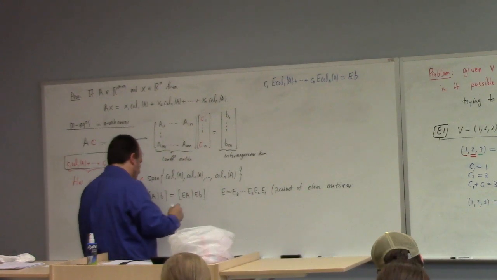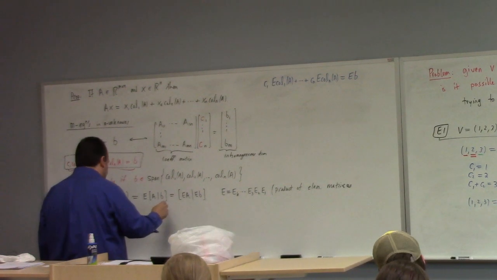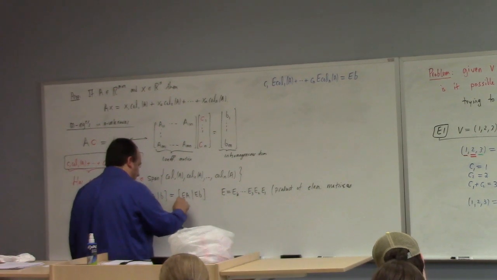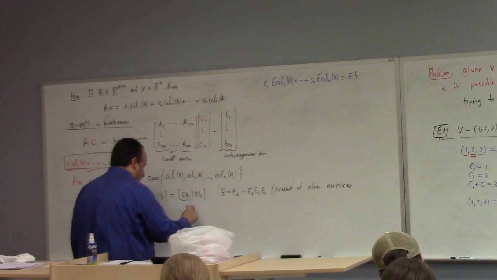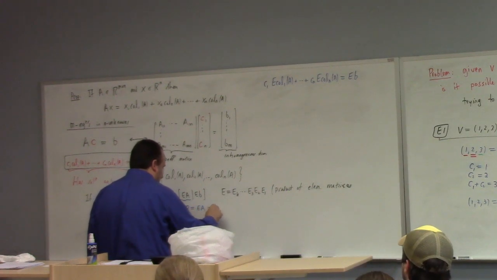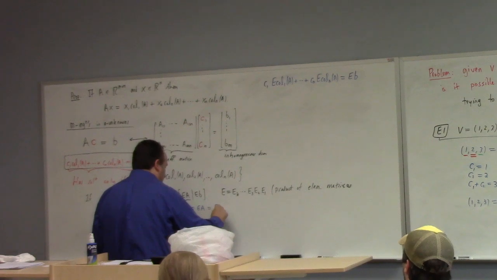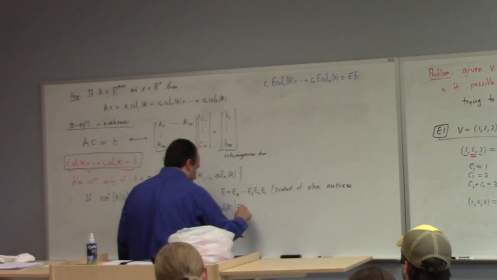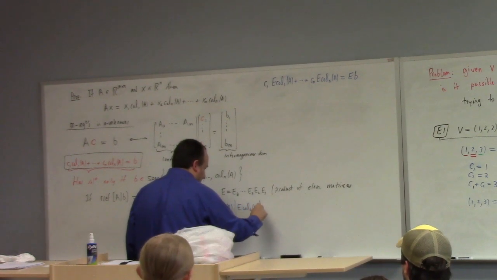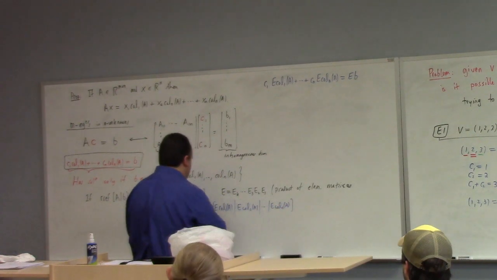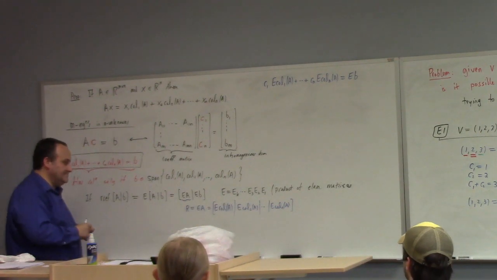But also notice that if I was to say that this matrix here was R, so R was equal to EA, I could also write that as E times column 1 of A, E times column 2 of A, up to E times column n of A, by the column-by-column multiplication rule.